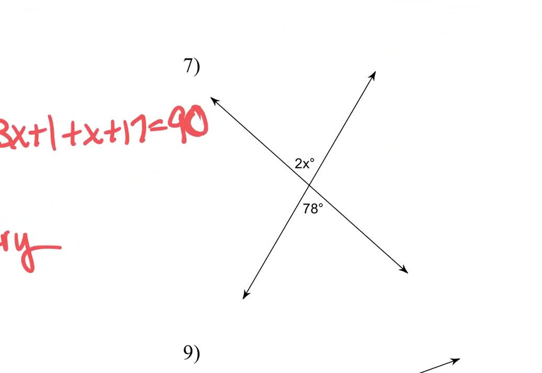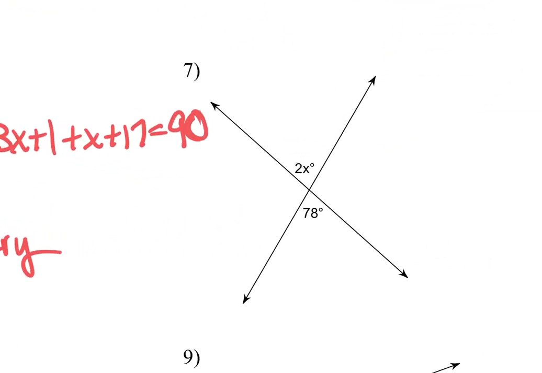The next one, okay, this is not a linear pair. If it was a linear pair, our two angles would be here, making a straight line. However, they are not making a straight line. They are not a linear pair. We have an x, and they have the same vertex, and they are across from each other, okay? Which means if they are across from each other in the V, if you will, of the angles, the vertical angles that they are.